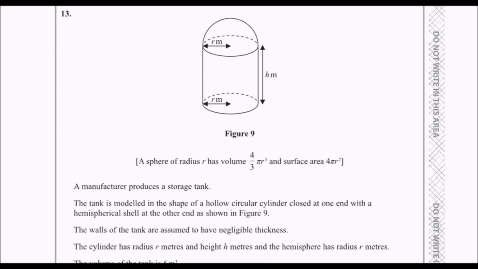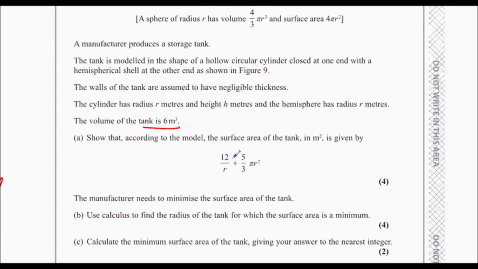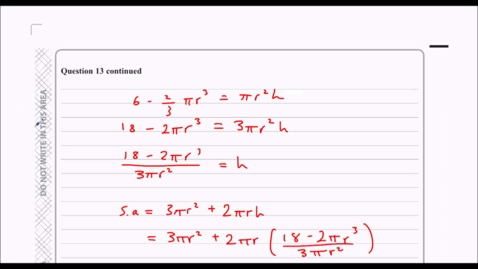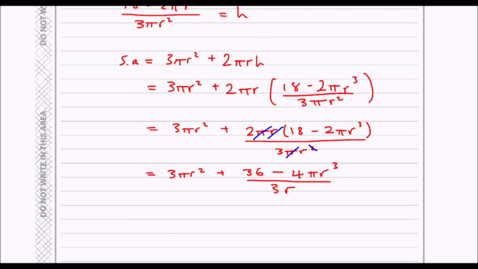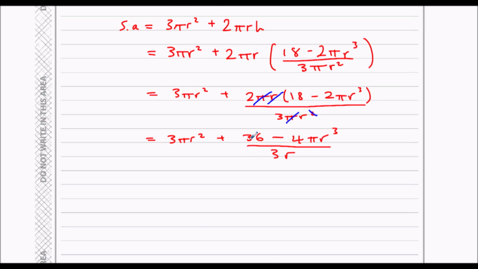Where do we want to get to? We want 12 over r plus 5/3 pi r squared. So let's divide both of these terms by 3r. So split this up into two different fractions. So 36 over 3r minus 4 pi r cubed over 3r.